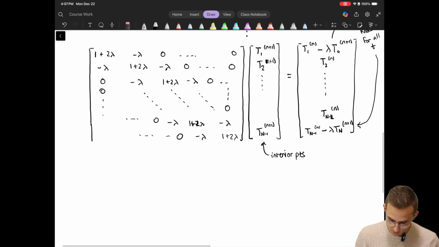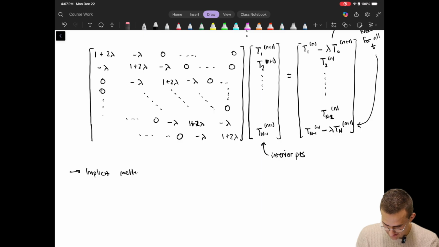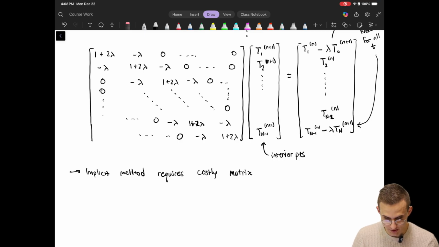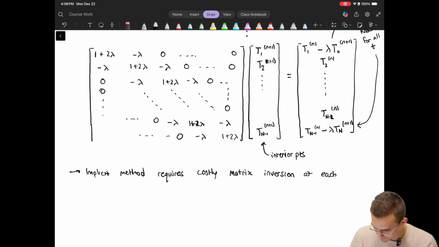But unfortunately, like when we were solving ODEs, the implicit method requires a costly matrix solve, matrix inversion at every time step. But like I said, the good news is that it's a tridiagonal matrix, which is efficient to invert. It's not like a dense matrix.